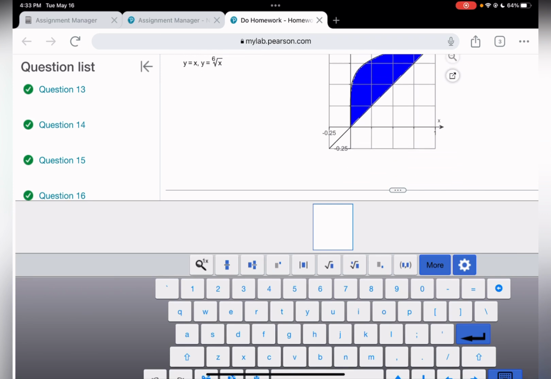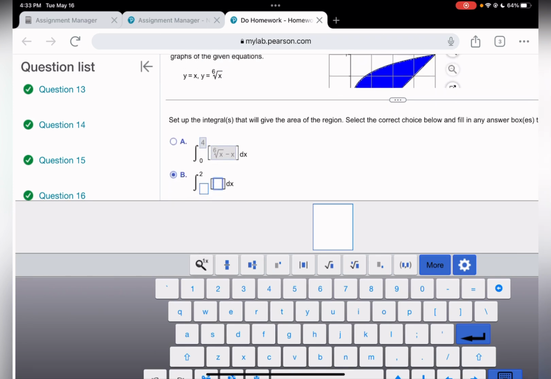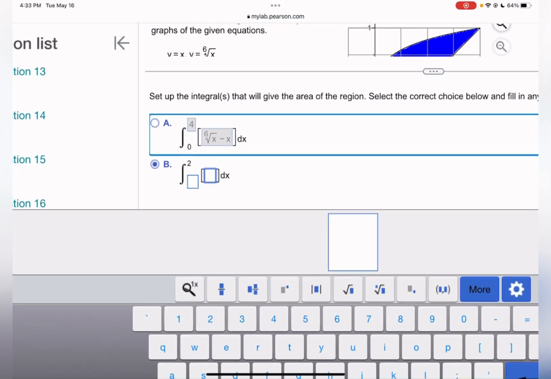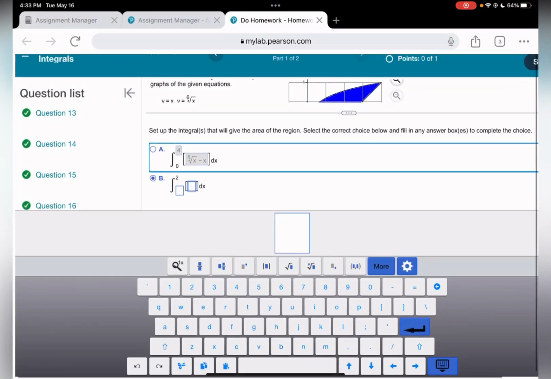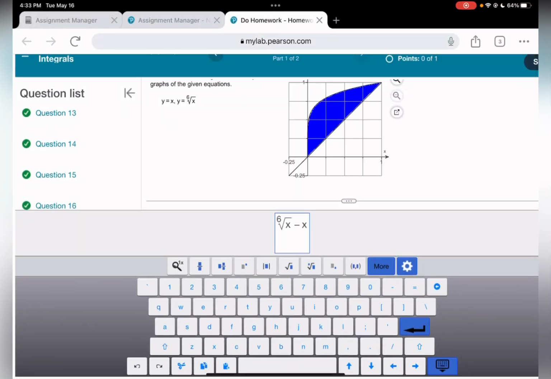I want to see the parentheses. Did I put them? Maybe we have to put parentheses in there. I don't know, because we have the correct one, and we have the square bracket, but I don't know. Let's check it. I'm going to put parentheses. It's software, one never knows. Okay.